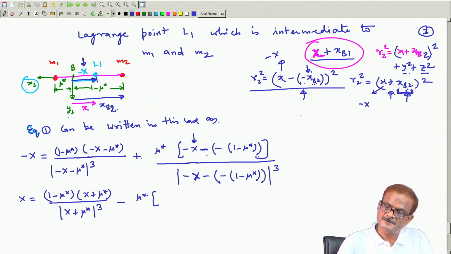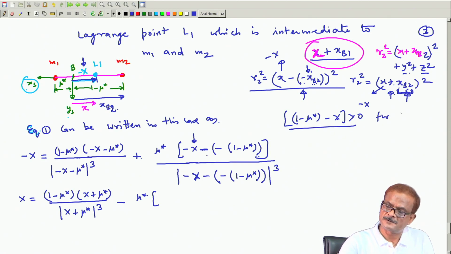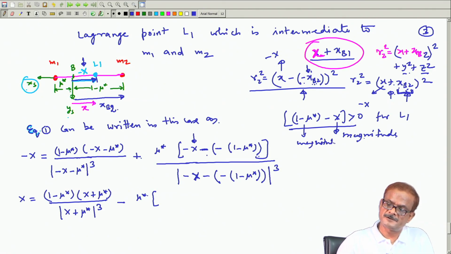Now, in this case what we see that the quantity 1 minus mu star, this is the magnitude minus x, this quantity is greater than 0 for L 1, where x once we are writing. So, we are considering the magnitude, and also this is a magnitude, okay. Means they are positive quantity here. So, we have to write in a way so that our problem gets solved. Okay.